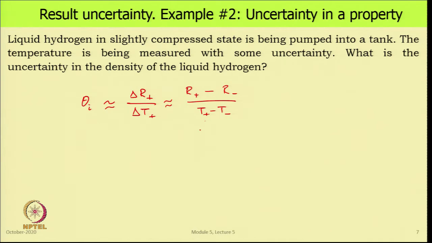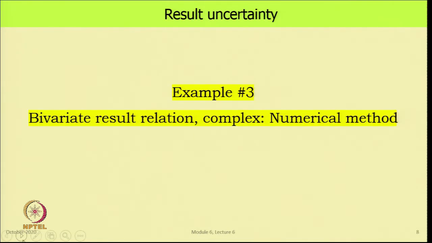Now, remember these temperatures that we took as 1 Kelvin in that example had nothing to do with the uncertainty in the temperature. This was just taken as the temperature interval for the finite difference formula. The rest of the method follows the same technique. So, that is that problem.